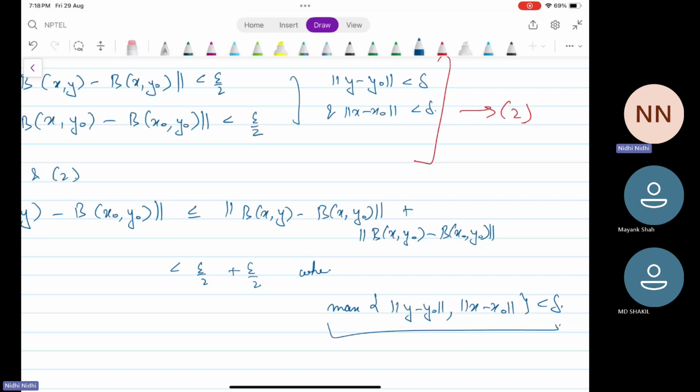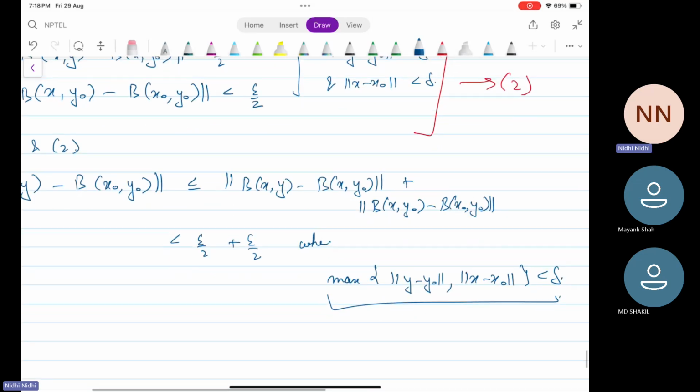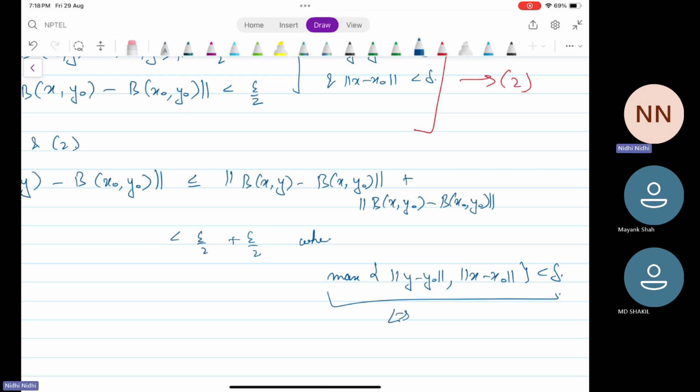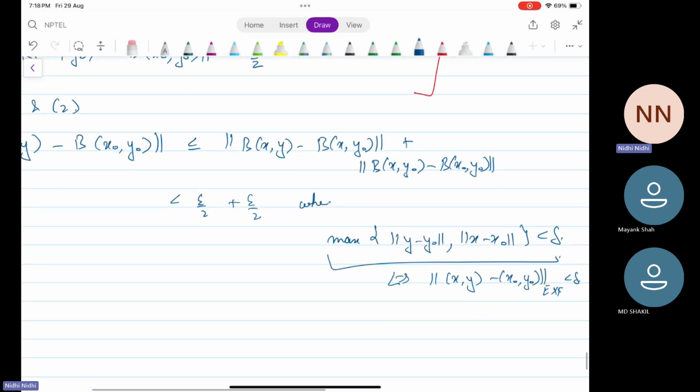Because we know that on finite dimensional spaces, all norms are equivalent. So I can take this norm also, and this will be equivalent to the product norm. So from there we'll get (x,y) minus (x naught, y naught) in E cross F less than delta.